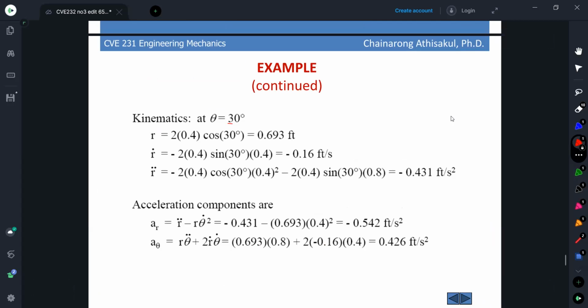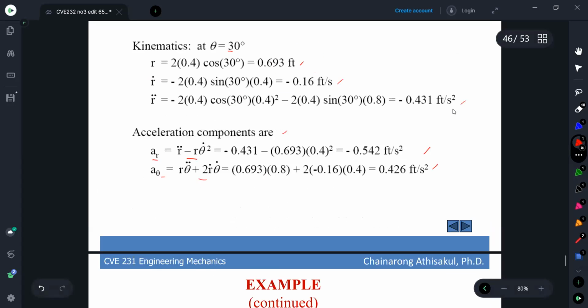We found that r dot and r double dot become like this. This is for kinematics. And after that, we can determine the acceleration components in r and in theta from the formula that we already know. Substitute each value, we get the accelerations a r and a theta like this.